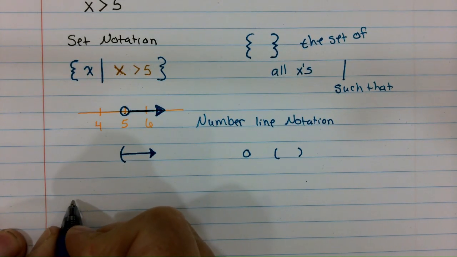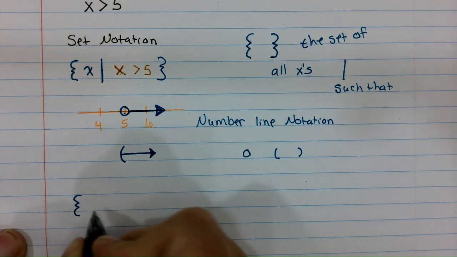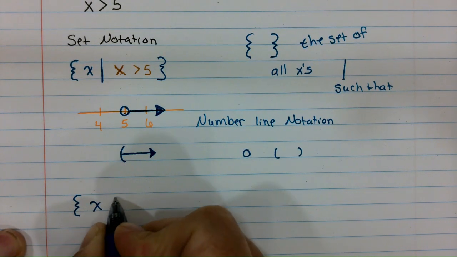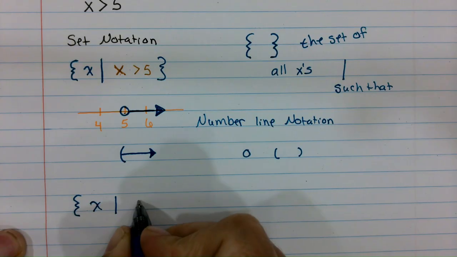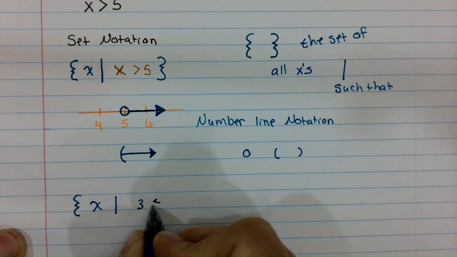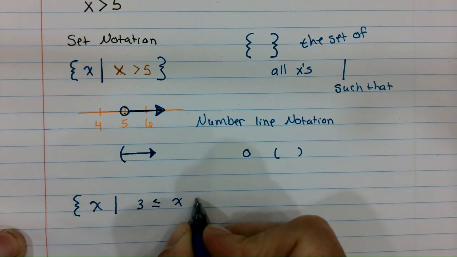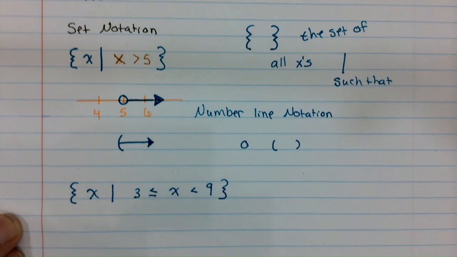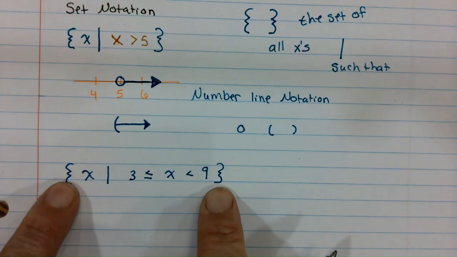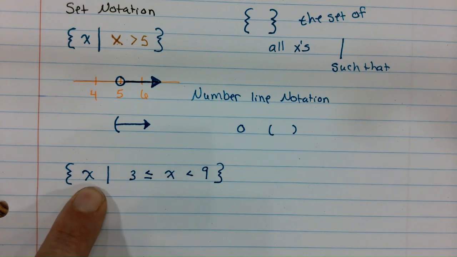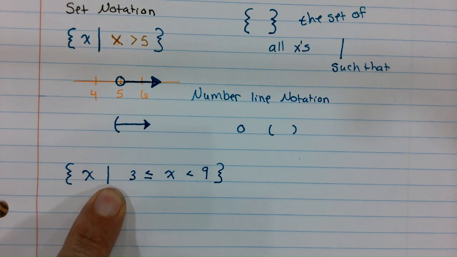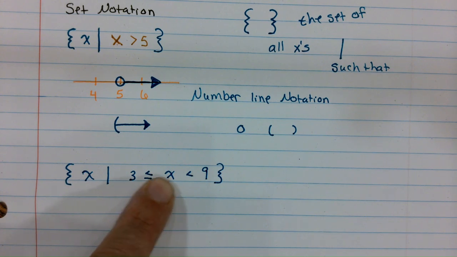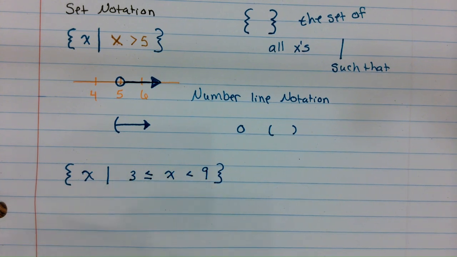So we are going to look at the set of all x's such that 3 is less than or equal to x, which is less than 9. So again, the set of all numbers x such that 3 is smaller than or equal to x, which is smaller than 9.